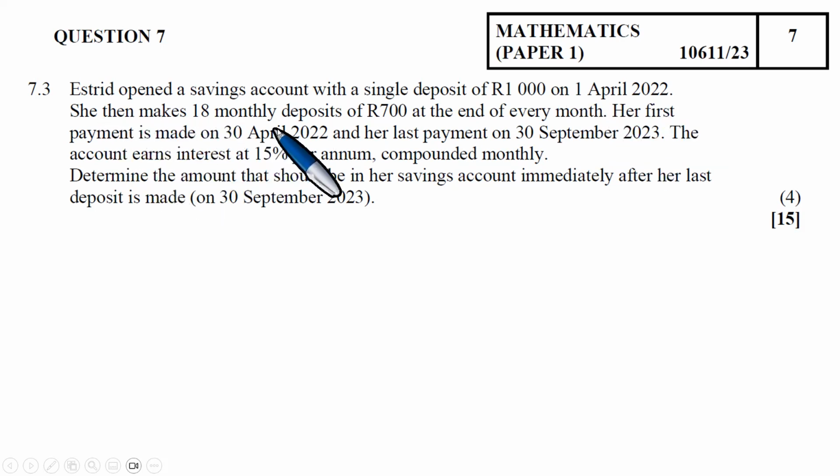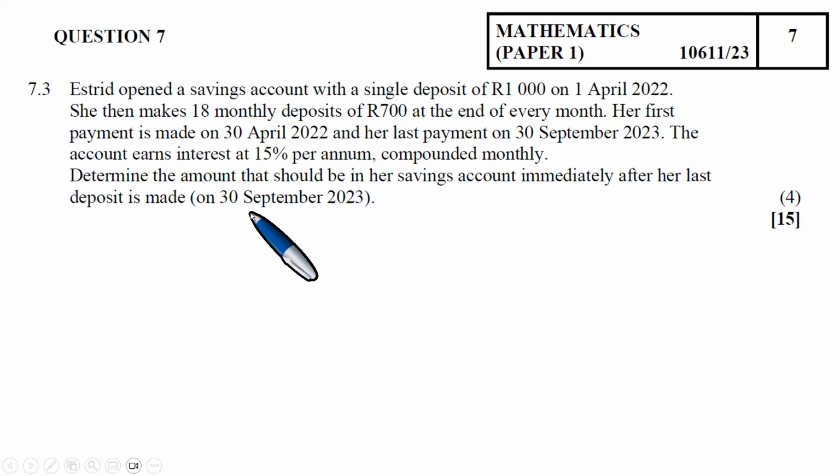She then makes 18 monthly deposits of 700 Rand at the end of every month. Her first payment is made on the 30th of April, 2022. Her last payment on 30th of September, 2023. The account earns interest at 15% per annum, but is compounded monthly.